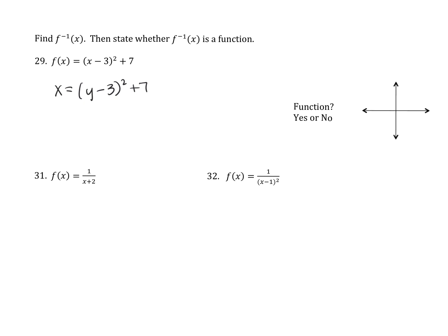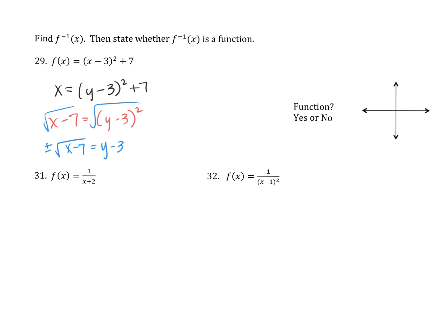The second step is to get y by itself. What are we going to do to get y by itself here? Minus 7. Then what do we do? Yes. Does anyone remember what we got to do with the square root? Plus or minus, which I often say plinus.